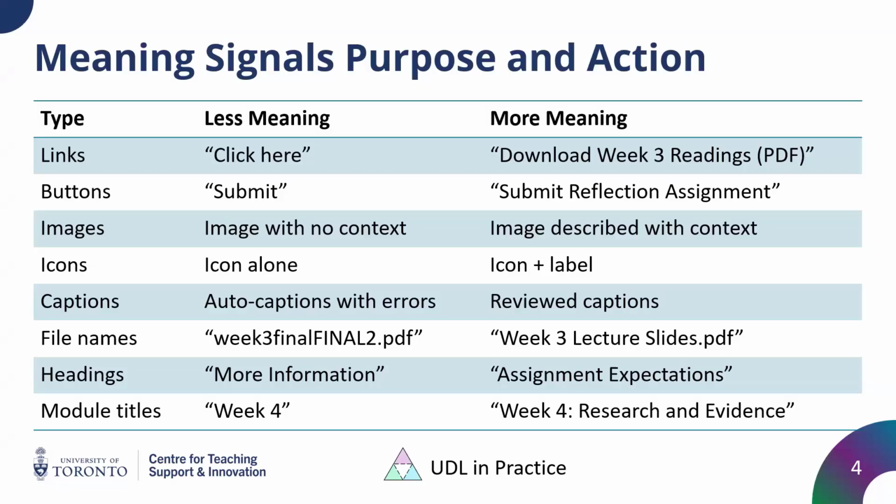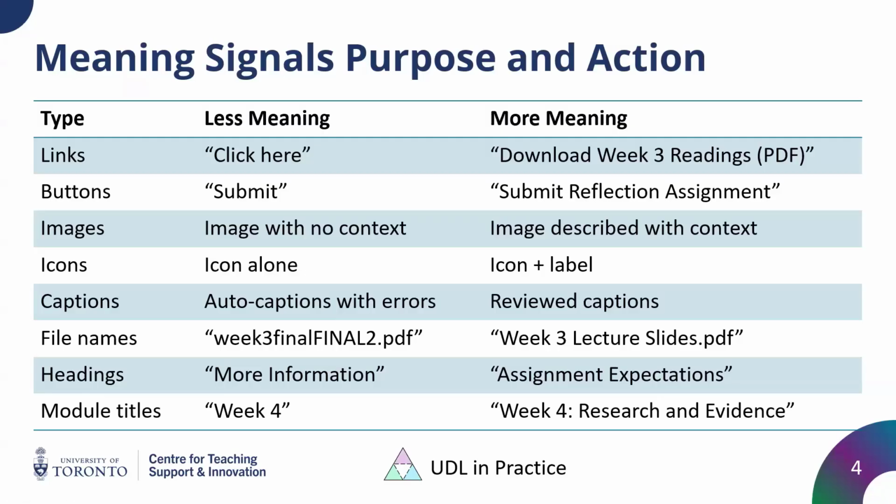So for example, when you're providing links, the words click here doesn't explain where somebody is going if they select that link. Whereas if for the link, you've hyperlinked the text, download week 3 readings PDF, it communicates to the users the destination and the file type.